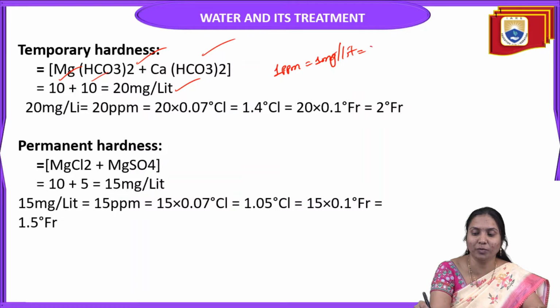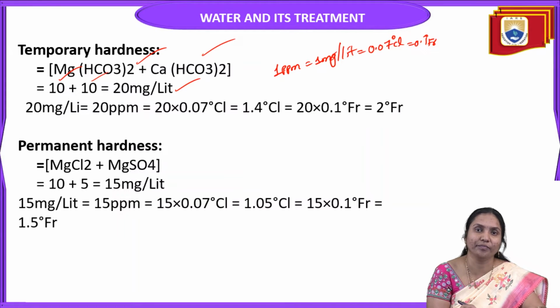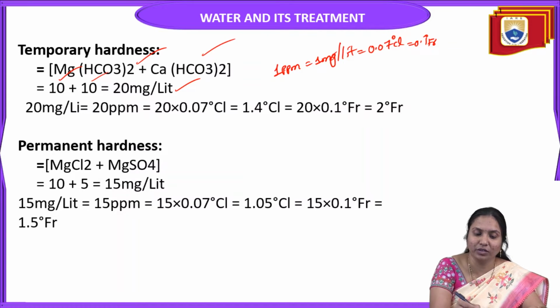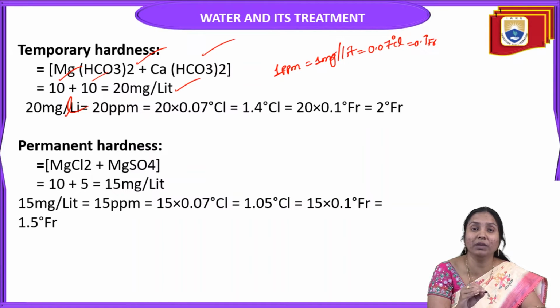And it equals 0.07 Clerk's degrees and 0.1 French degrees. So here the temporary hardness of water is 20 milligram per liter. Converting it into ppm, 1 milligram per liter equals 1 ppm, so 20 milligram per liter equals 20 ppm.